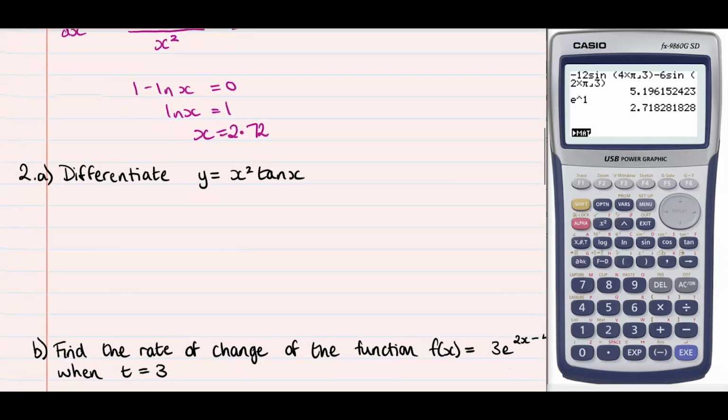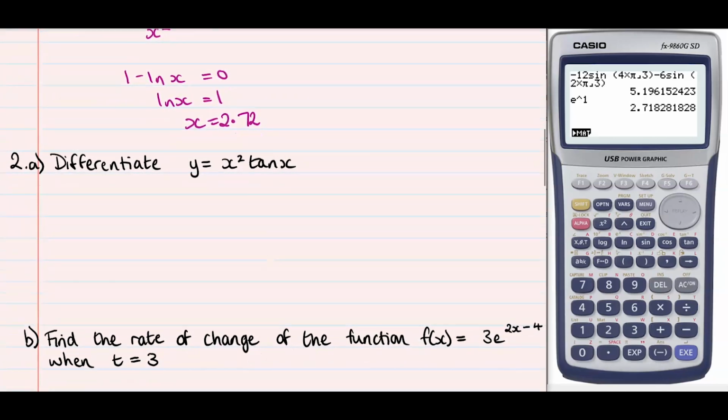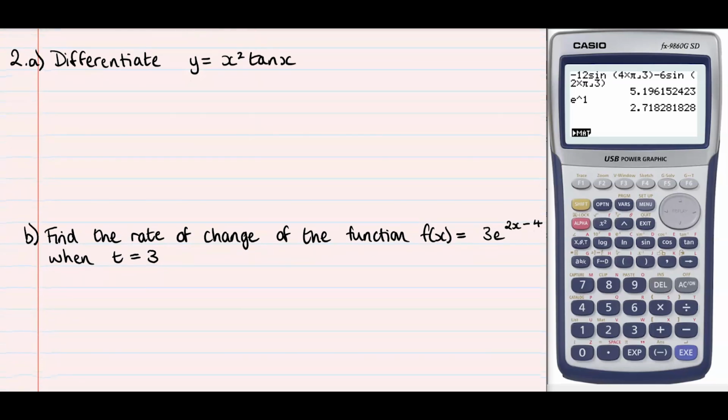Now we've just done a quotient rule, now we're moving on to a product rule for this next one. Two things multiplied together, so u is x squared, v is tan x. du by dx is equal to 2x, and dv by dx is equal to sec squared x.